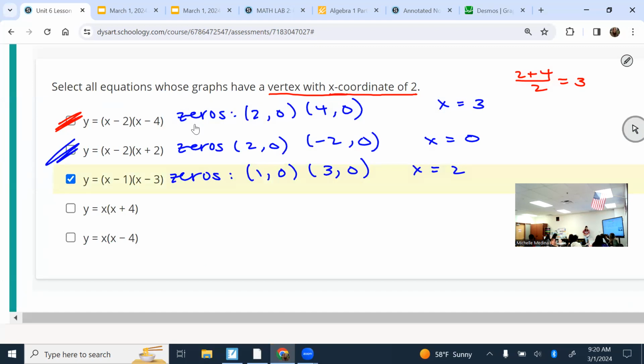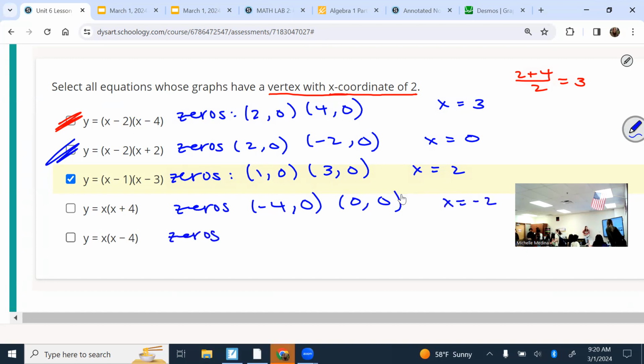What are my zeros for this one? -4 is one of them, 0 is the other. What's the middle way between -4 and 0? -2, so still not an answer. Down here, what are my zeros? Okay, good. What's the middle way between 4 and 0? So here are my 2 answers.